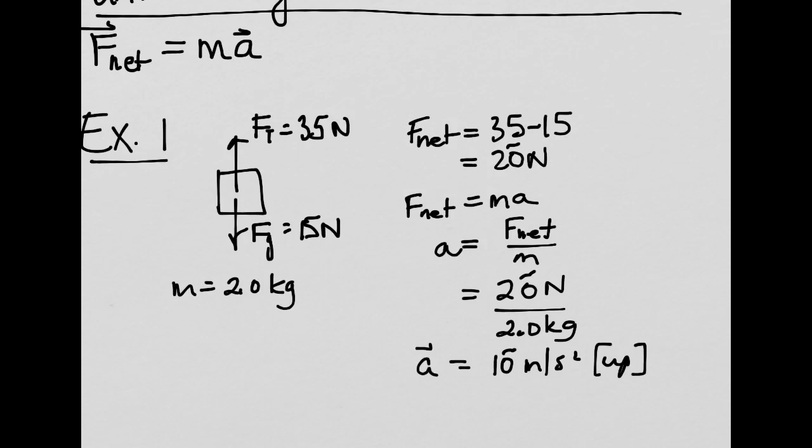And there you have it. This makes sense because over here we have a net force going up on the system, which means the acceleration of the system will be in the upwards direction.